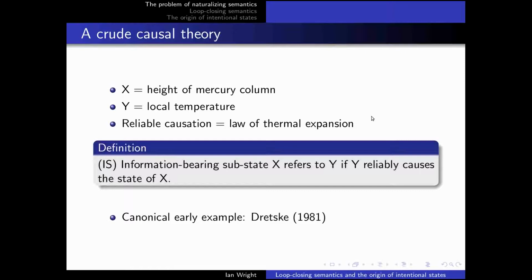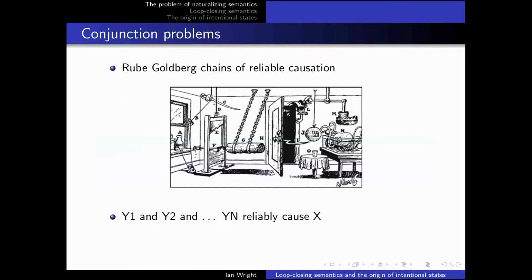Now, this is a crude causal theory with well-known problems. I'll use it here as a straw man to introduce some key theoretical problems that bedevil any attempt to naturalize intensional phenomena. Consider a complex Rube Goldberg machine. It's one big complex chain reaction.